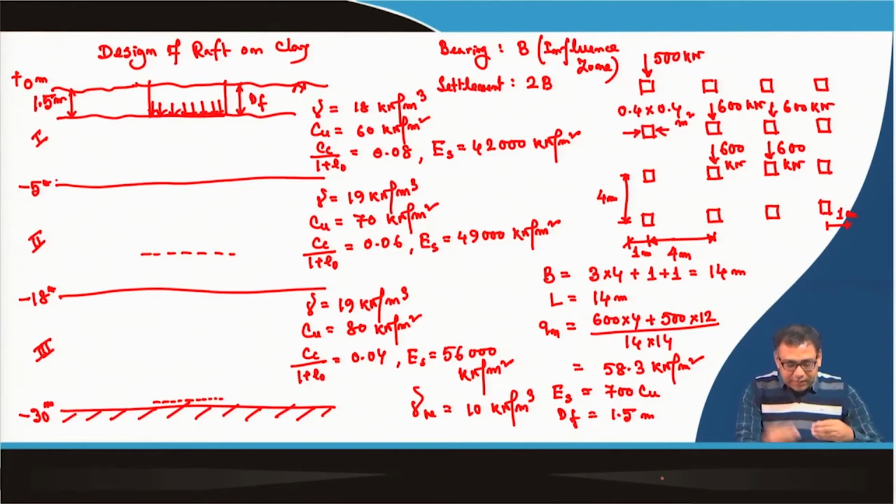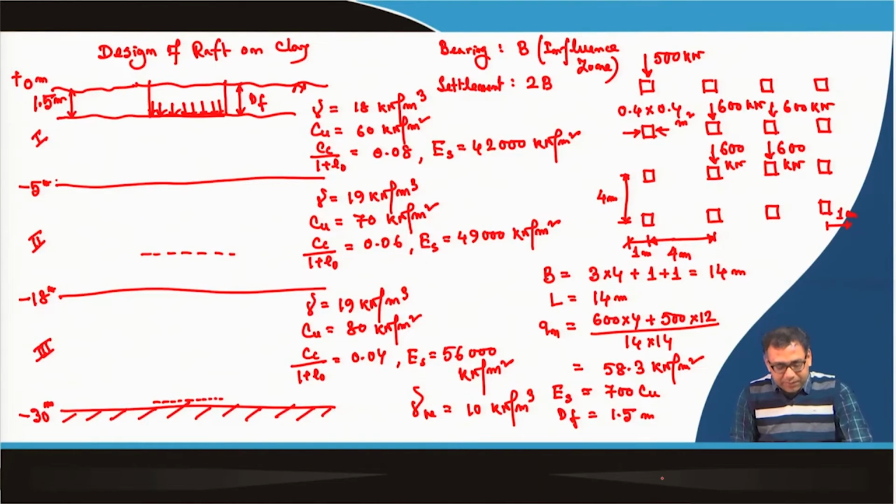Okay, in the first layer Cu value is 60 kilonewton per meter square, where the first layer is 3.5, but the maximum part is on the second layer, because 3.5 is in the first layer out of 14 and around 9.5 is in the second layer. So, the majority part is in the second layer, and in the second layer Cu is 70 kilonewton per meter square. So, now what to do?